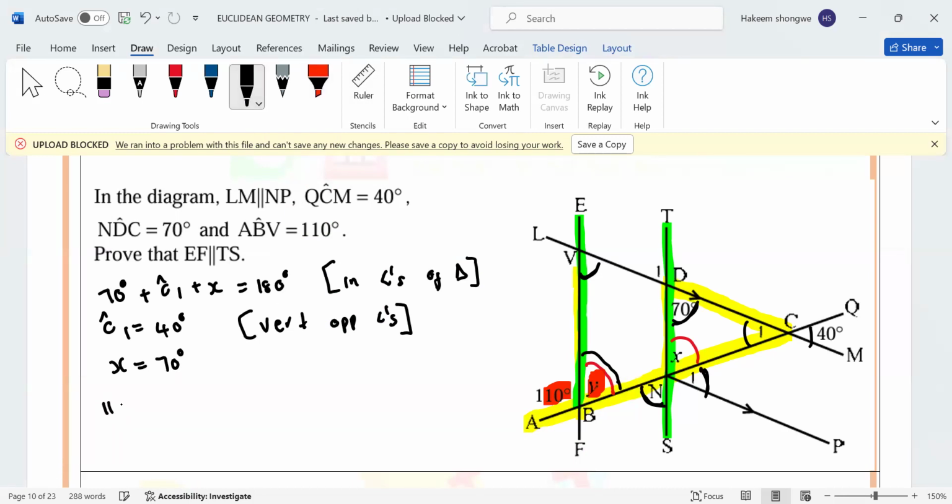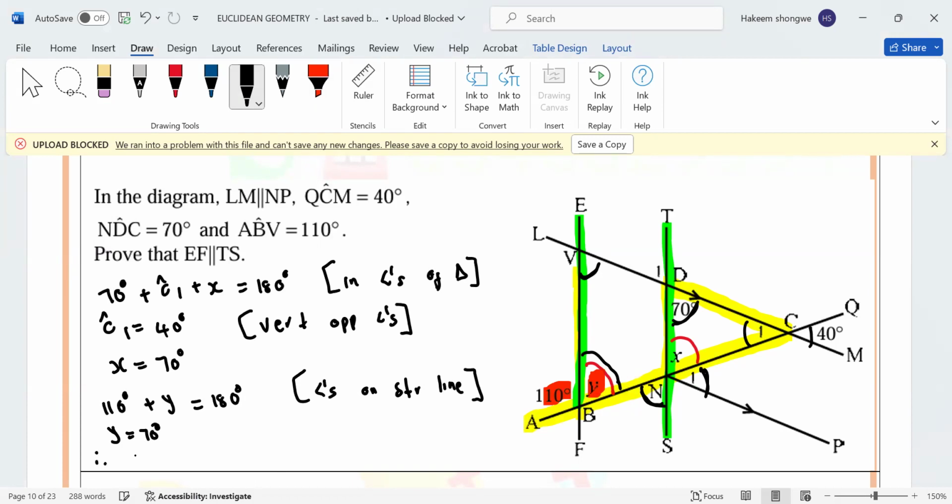So when I say 110 plus y equals 180, then it's angles on a straight line. Right? Okay, sure. Then automatically y equals 180 minus 110, which is 70. So sure, okay sharp, x equals y.